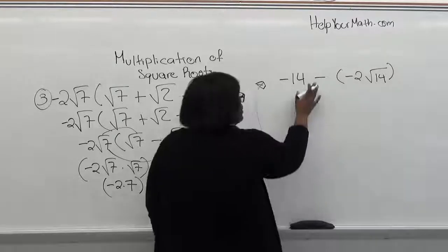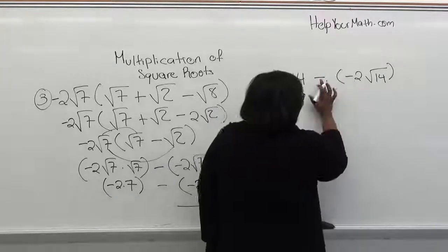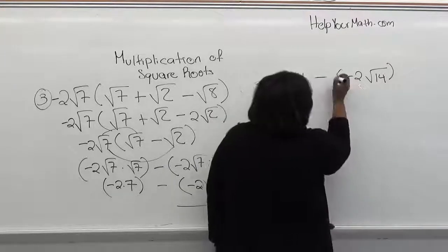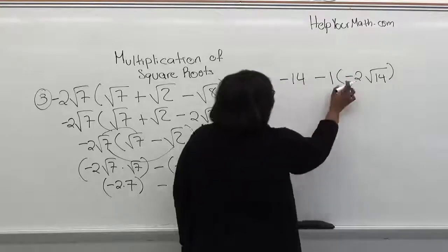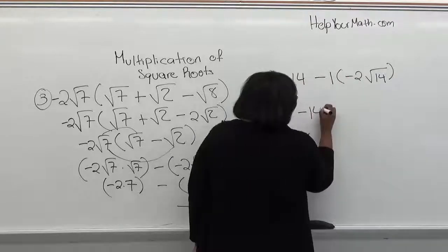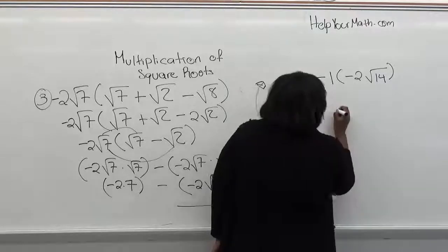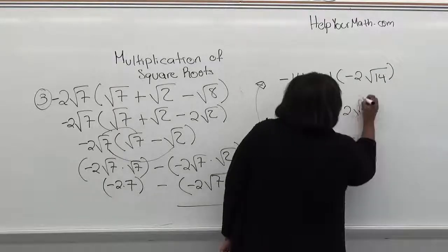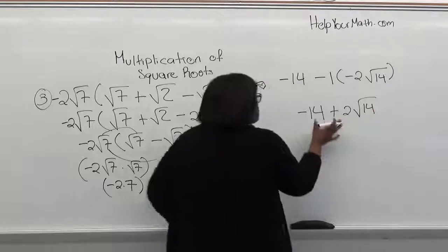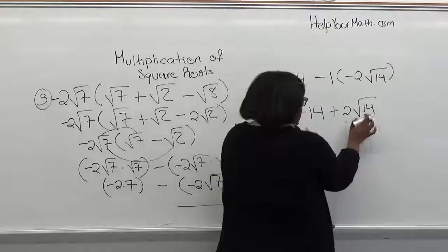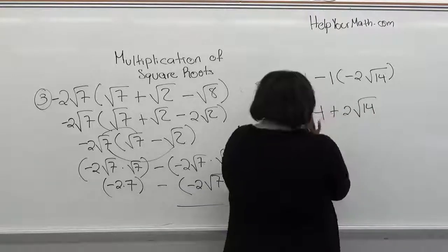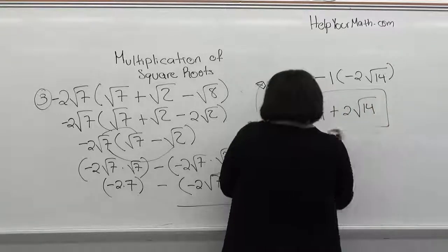And since a negative times a negative, because this is an imaginary 1 right here, would simplify, we get negative 14 plus 2 the square root of 14. And since this expression does not have square root of 14 there, we'll leave it as it is. And this would be our final answer.